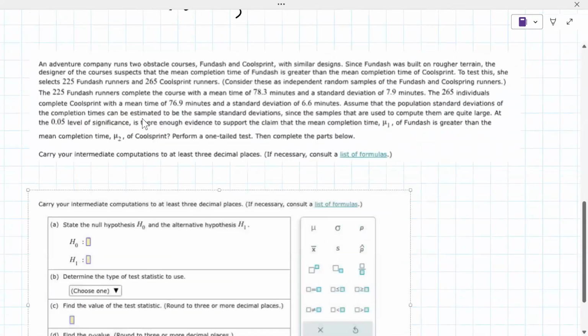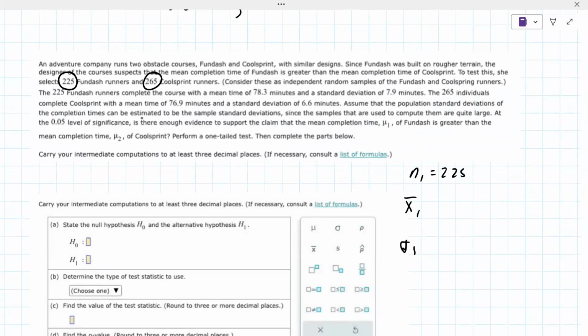Okay, so the words here, 225, 265, those are the samples. So we got kind of the same deal: N1, X bar 1, sigma 1. N1 is 225, N2 is 265.